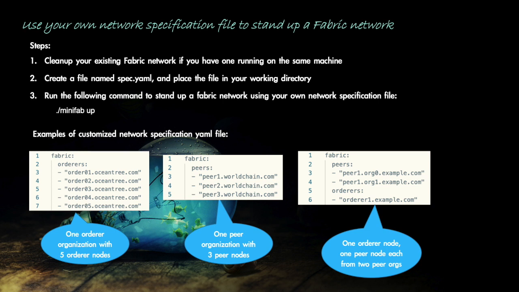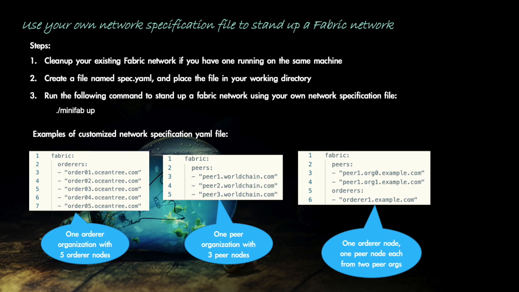Use the spec.yaml file from Minifabric repo as a starting point. Then you can make changes to the file and save it as spec.yaml in your working directory. Then simply run minifab command again.